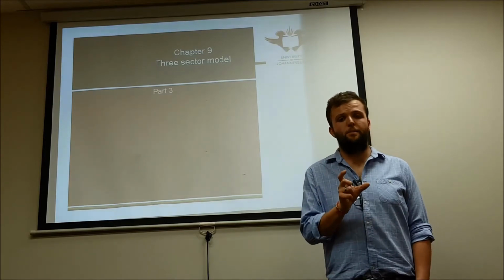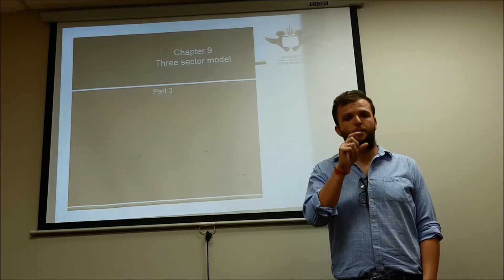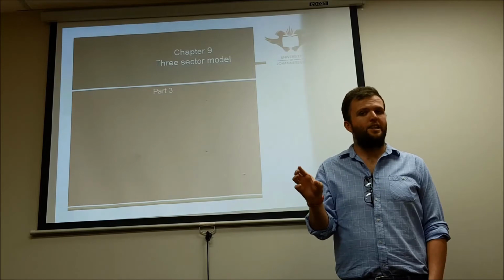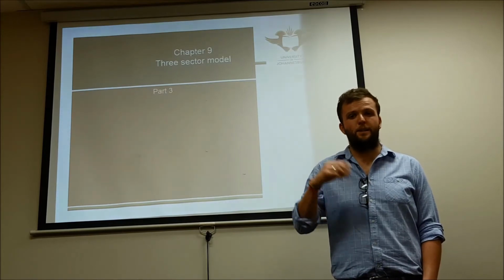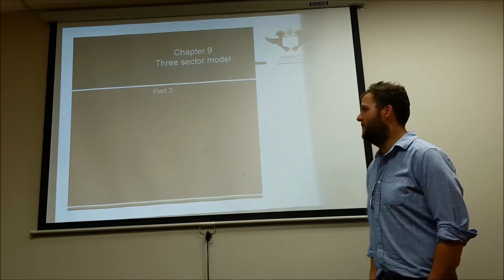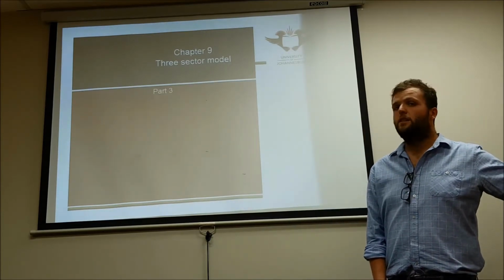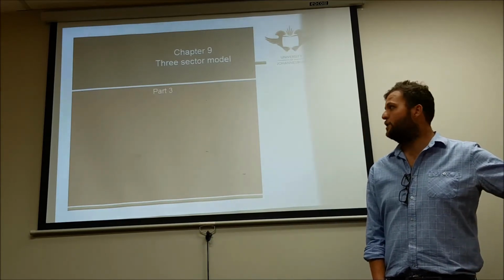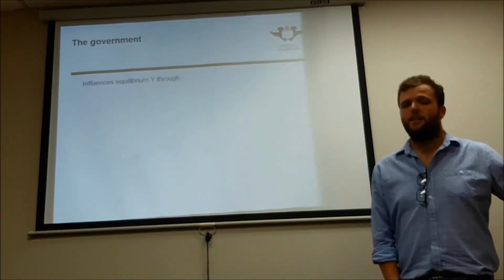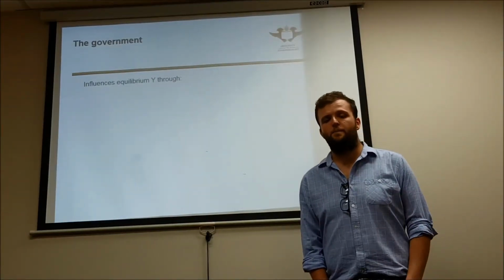Remember, people spend money in the economy, and that amount we multiply with a multiplier, and that is the amount of income that's being generated via spending. Okay, so now we add another component, and we go to a 3 sector model, which is C plus I plus G, which is the government. The government can influence the economy in a couple of ways.